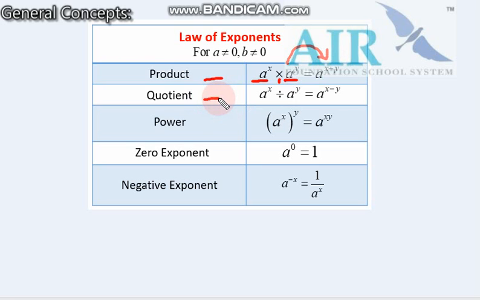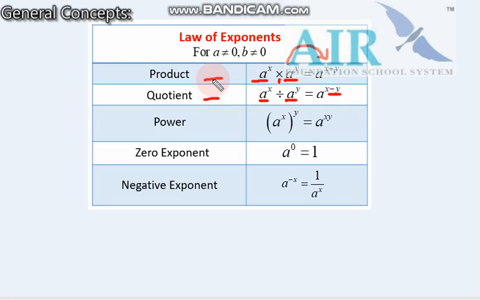Now second is quotient. If we talk about division, again the first important condition is that your bases should be the same. If your bases are the same and they have a division sign in between, you have to subtract the powers: a power x divided by a power y is a power x minus y.